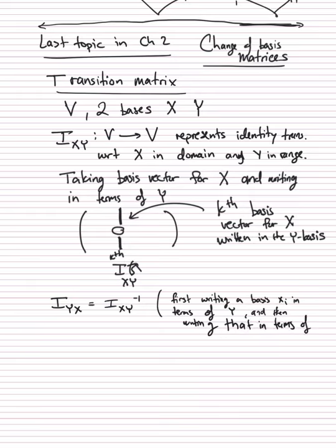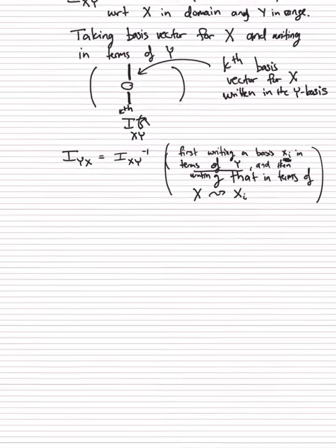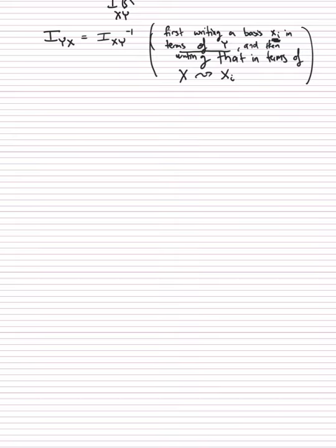If I start with a basis vector in terms of X, I write it in terms of Y, it might be complicated, but when I write that same vector in terms of X, I know what I get. I just get Xi back. So that spits out the identity matrix, so therefore these two matrices are inverses of one another.